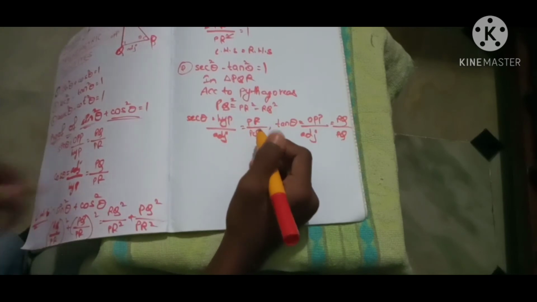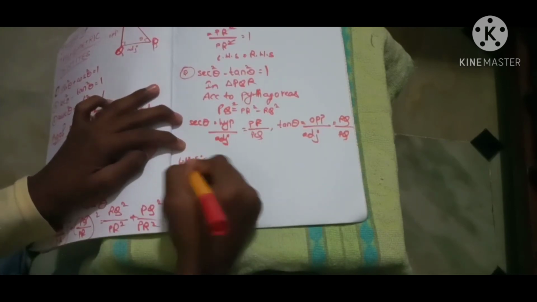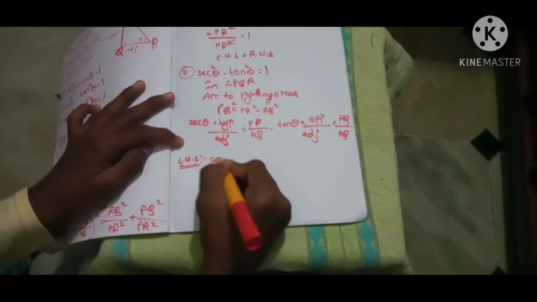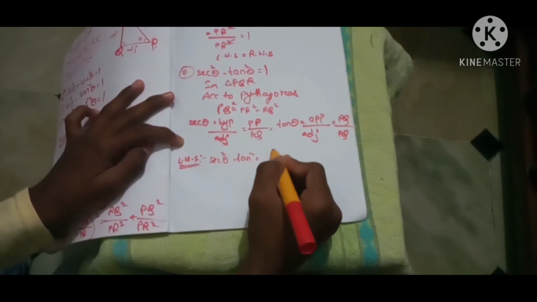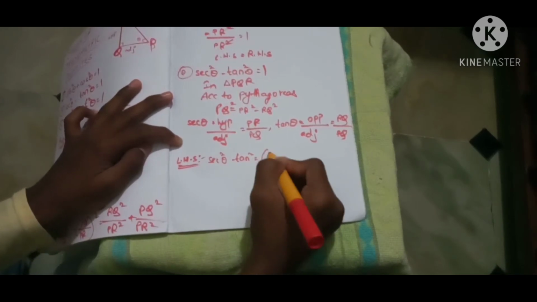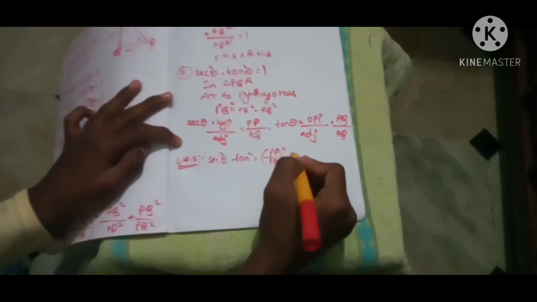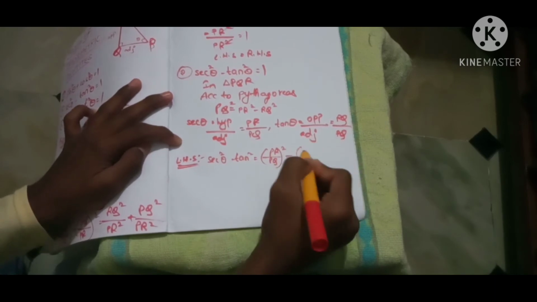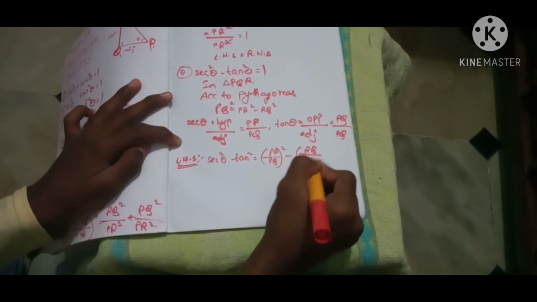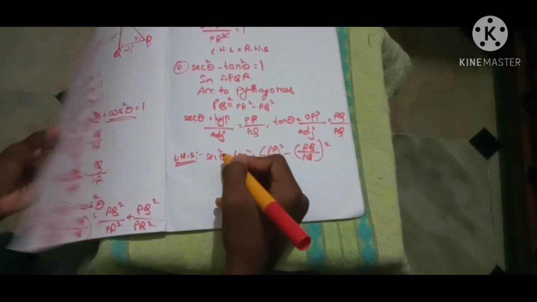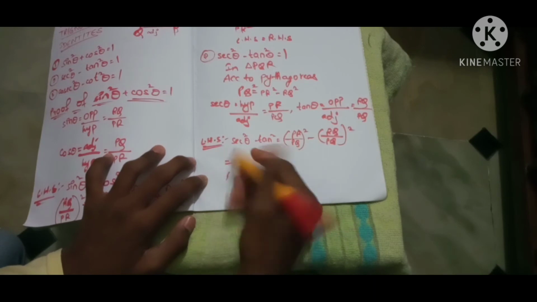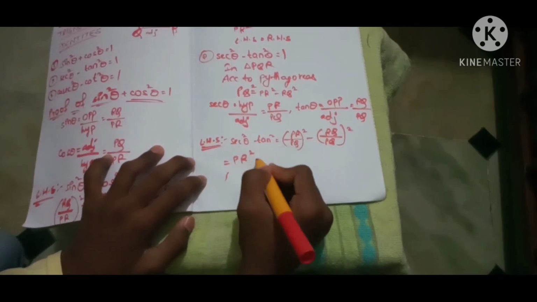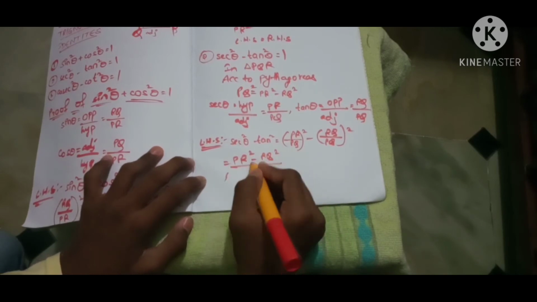Then here also we take the LHS. LHS is equal to sec square theta minus tan square theta, which is equal to PR by PQ whole square minus RQ by PQ whole square, which is equal to PR square minus RQ square by PQ square.